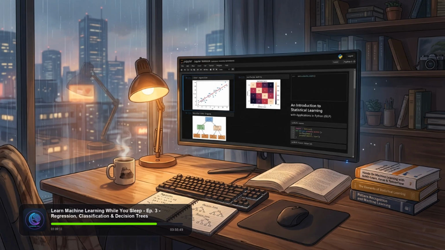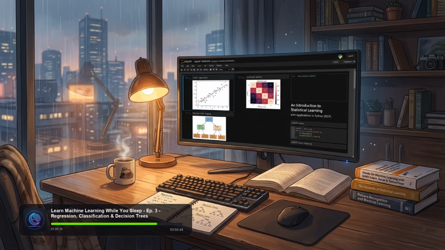The second component is the likelihood, denoted as p of x given y equals k. The likelihood quantifies the joint probability that an observation belonging to class k would exhibit the exact combination of feature values observed in vector x.